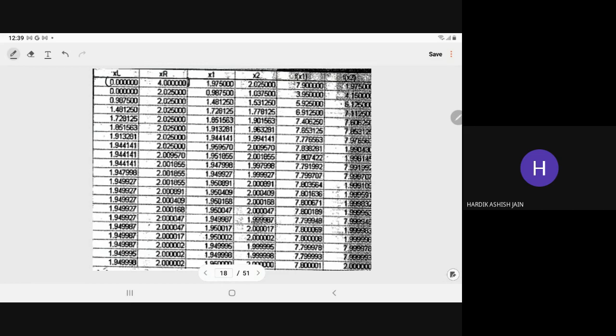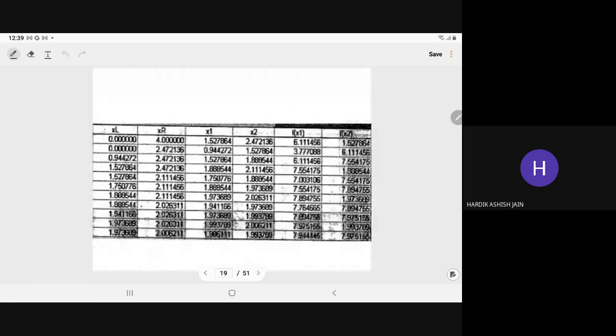By the dichotomous method, we have this table. In a similar fashion we proceed, and this is the golden section method. You compute x1, x2, check fx1, fx2, and accordingly you narrow your interval. So this is the table for the fifth part.